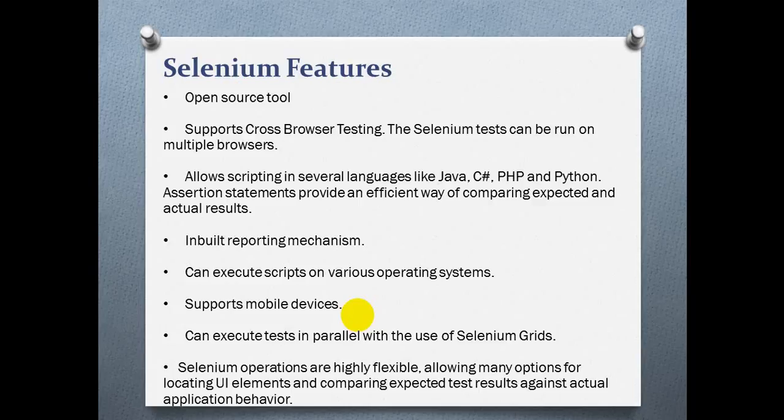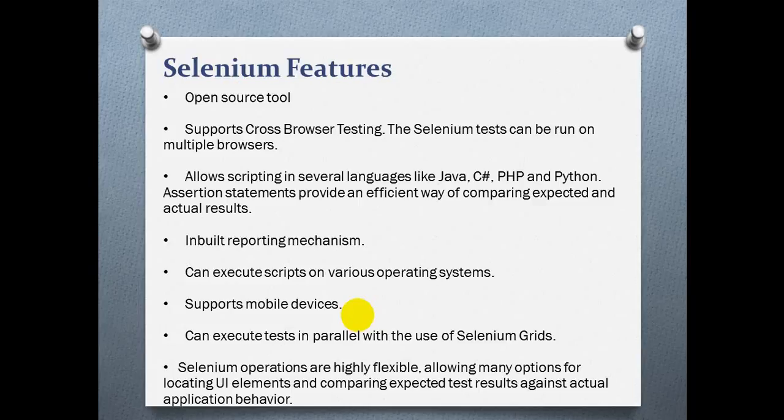Selenium features. What are all the Selenium features? The very first point is Selenium is an open source tool, meaning it's free of cost. Because of this, nowadays Selenium is becoming popular. That is the first feature.